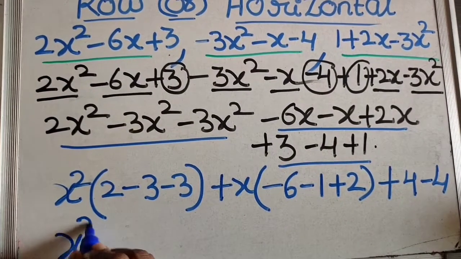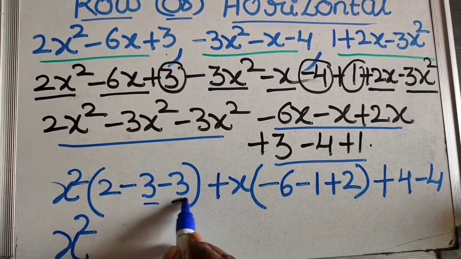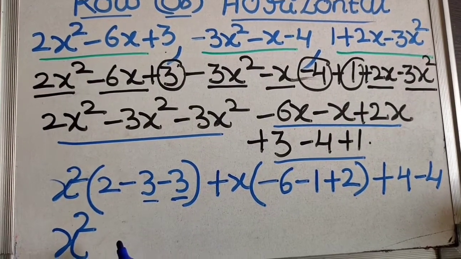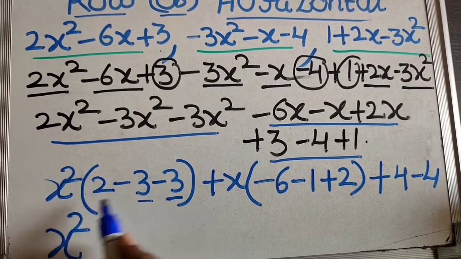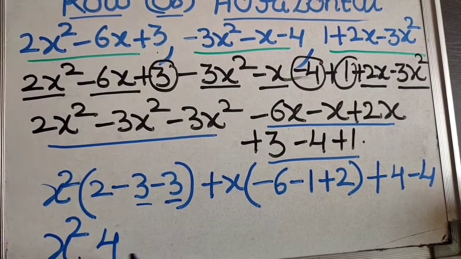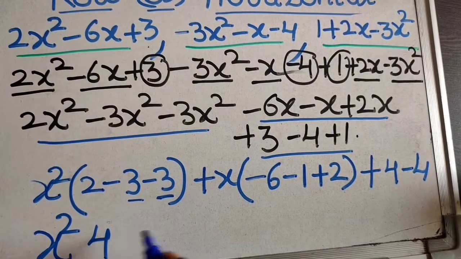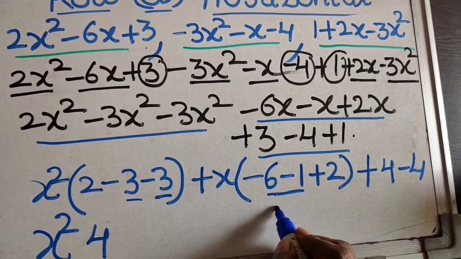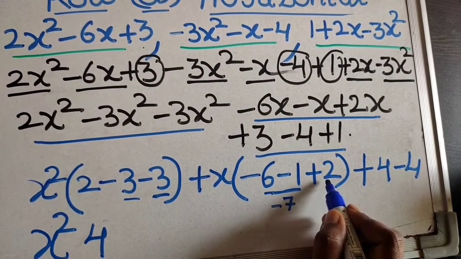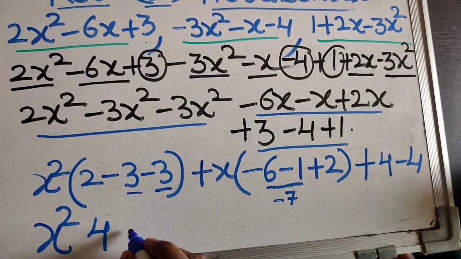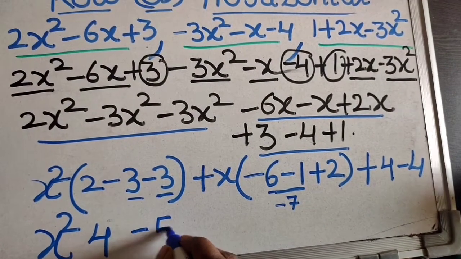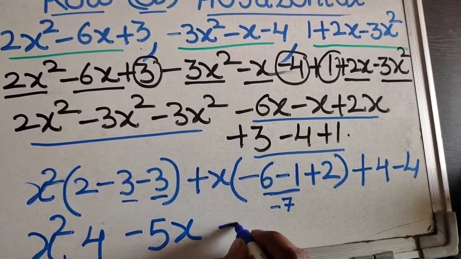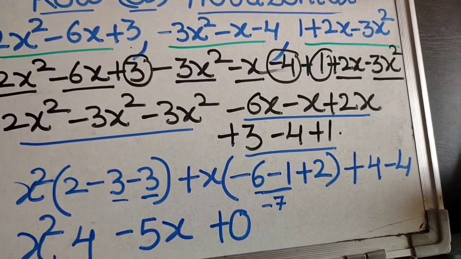Now take x² and we have to solve: -3 gives -6. So -6 + 2 gives -4. So -6 - 1 is -7, plus 2. -7 + 2 gives -5x, plus 4 - 4 gives 0.